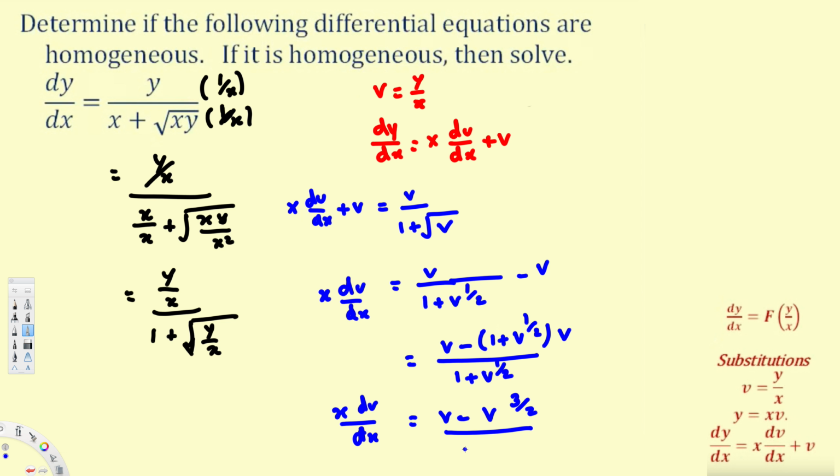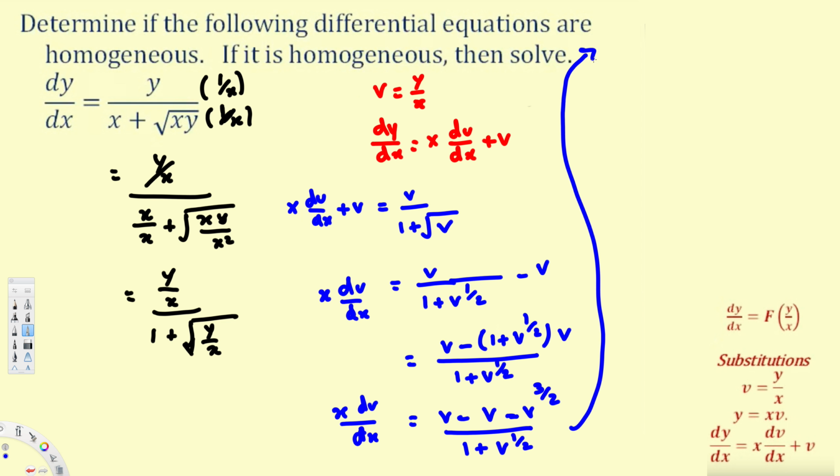And in the denominator we are going to have 1 plus v power half. Okay, I missed something right here. V times 1 is v, and the next one is minus v power 3 over 2, right? So v minus v is going to be 0, and this is the only thing that remains.